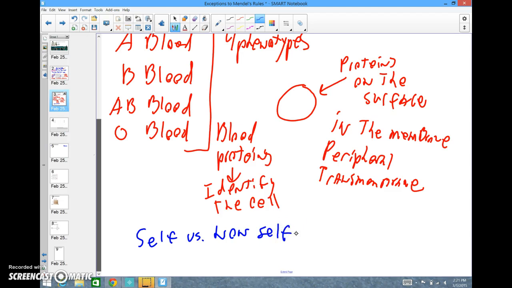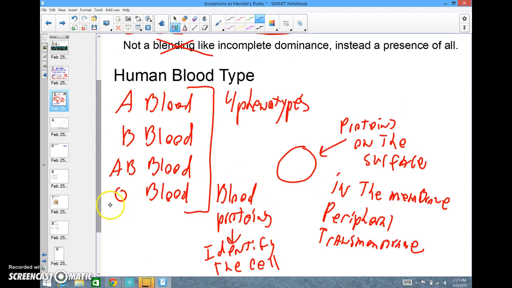Hopefully you remember that. Your body has to have some way to identify which cells belong to it, and ways to identify which cells do not. This is how you fight off invaders. So these blood types are a way for your body to self-identify.